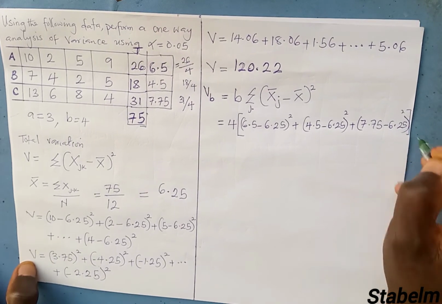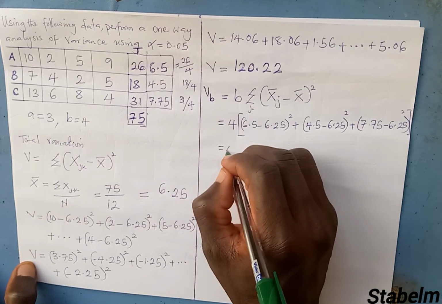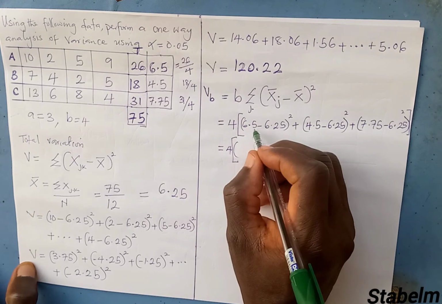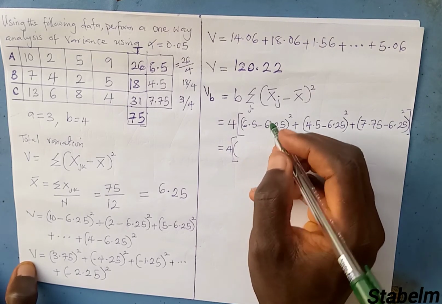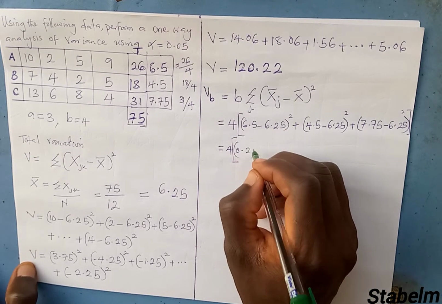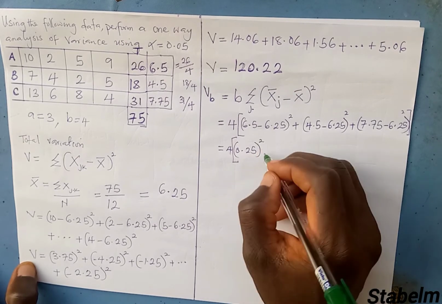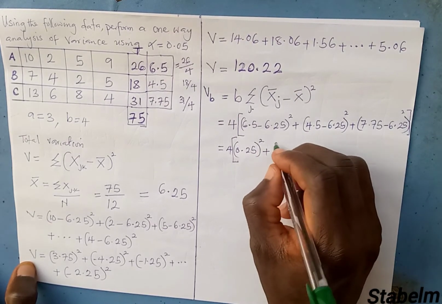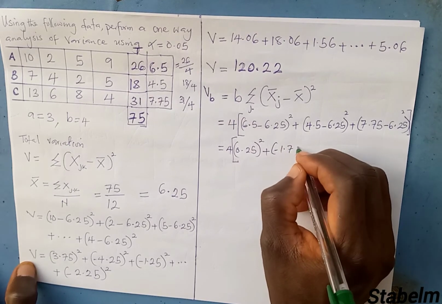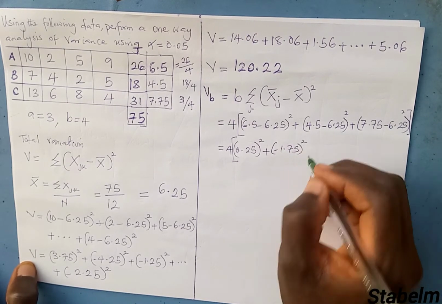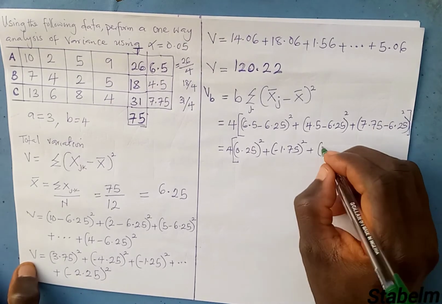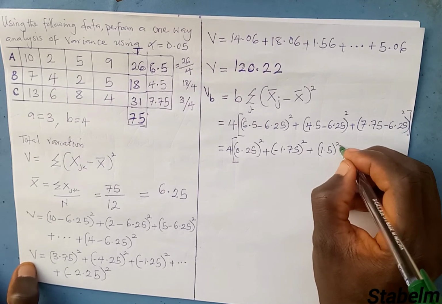Then we close the bracket, and from here we have 4 into bracket 6.5 minus 6.25, that will give us 0.25 raised to power 2, plus minus 1.75 raised to power 2, plus 7.75 minus this, we have 1.5 squared.